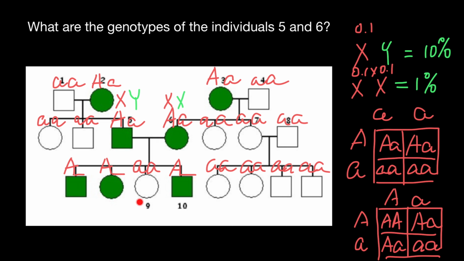Now let's take a look at this person. This is a female, and let's assume that from the mother side she got a normal X chromosome. But from the father side she can only get a defective X chromosome, and that means that if we assume this is an X-linked dominant genetic disorder, then there is no way that this female would be phenotypically normal.